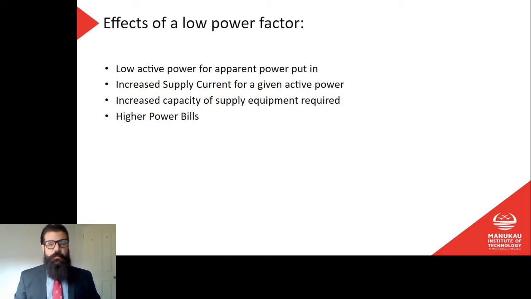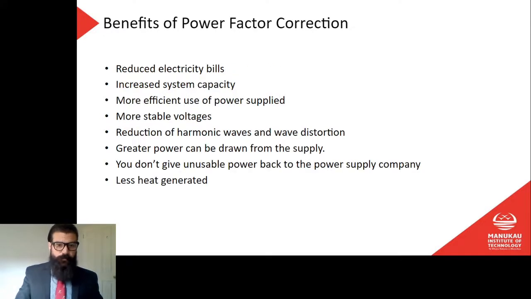Increased capacity of supply equipment required, because if I have that additional supply current, if I've got to suck in 10 amps to power my 2 amp thing because of my bad power factor, then all of my supply equipment, all my cables and switches and stuff have to be rated for that higher amount of current. And higher power bills because to get my 2 kilowatts of useful power, I have to pay for 10 kilowatts because my power factor is so bad.